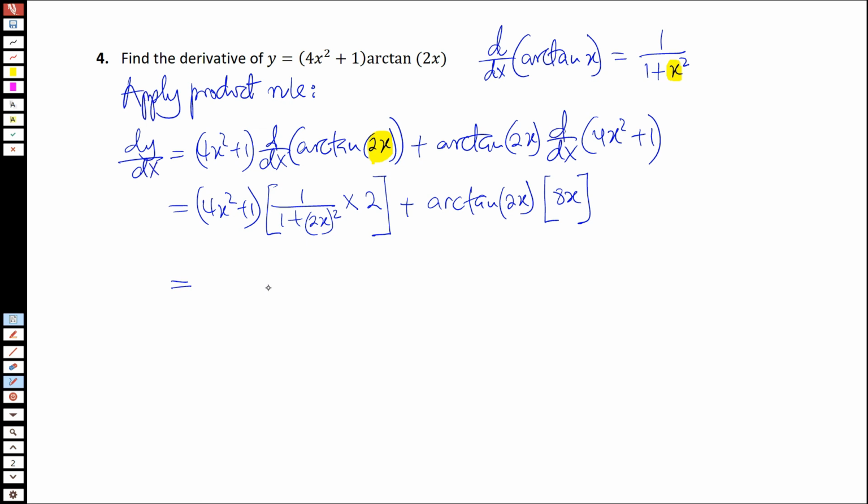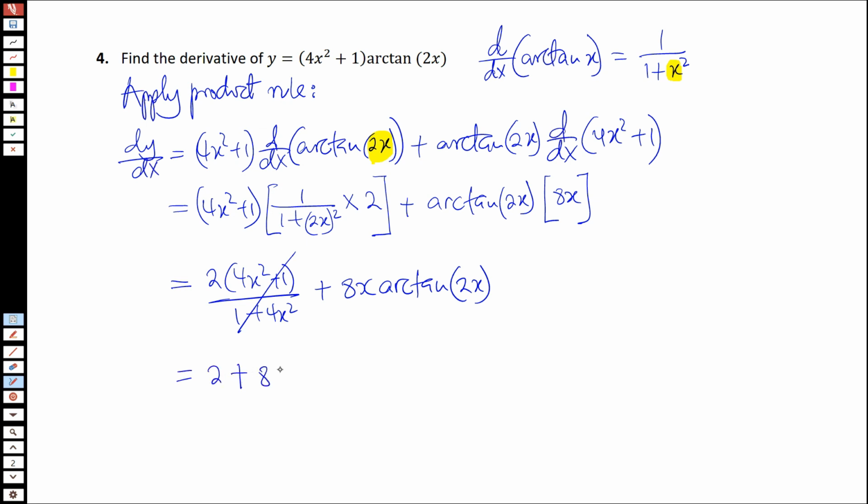In this case, we'll have 2 multiplied by 4x squared plus 1 over 1 plus 4x squared, plus 8x multiplied by arctan 2x. Now, these two cancel. So we'll have 2 plus 8x arctan 2x as our solution.